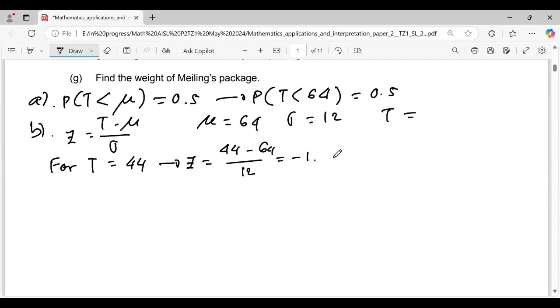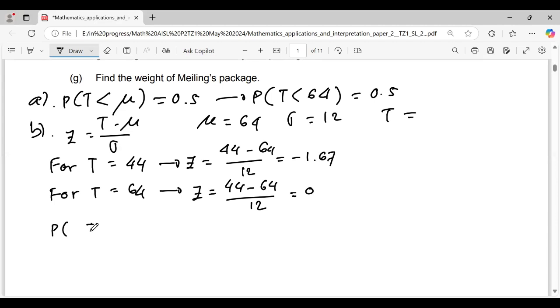It is minus 1.67. If T equals 64, Z equals 64 minus 64 over 12, and it is 0. So the probability T between 44 and 64 corresponds to the probability Z greater than minus 1.67, less than 0.